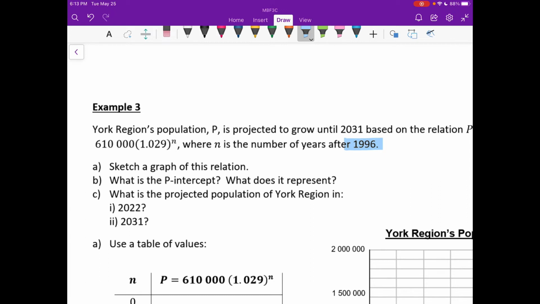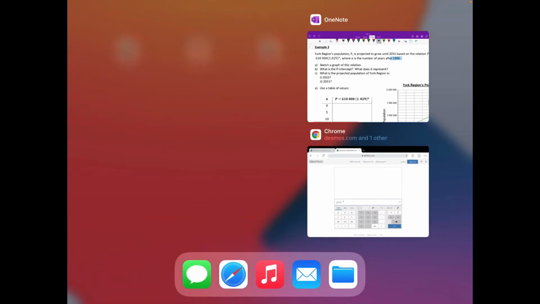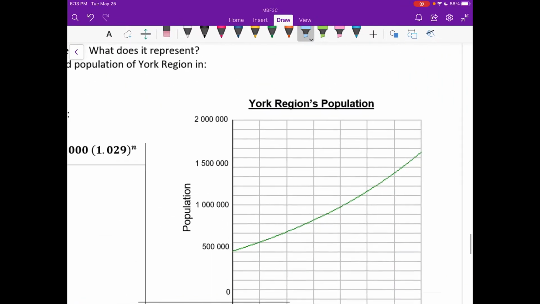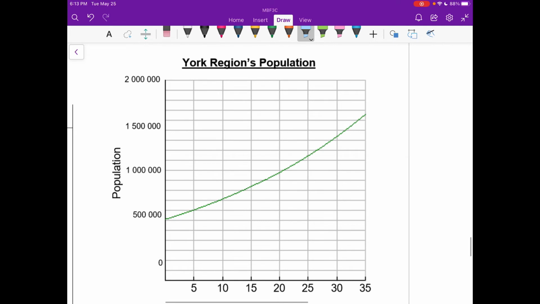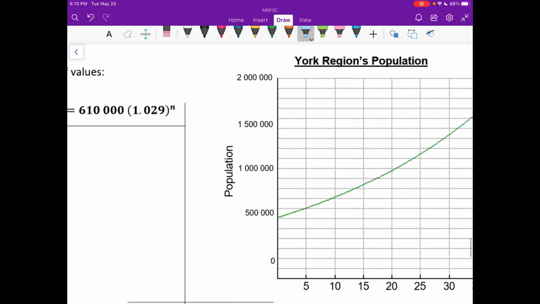It says to sketch a graph of the relationship, which I already did. I just drew it in because the numbers were really large. And then it says to find what the p-intercept is, what it represents, and what the projected population in the York region is in 2022 as well as 2031.